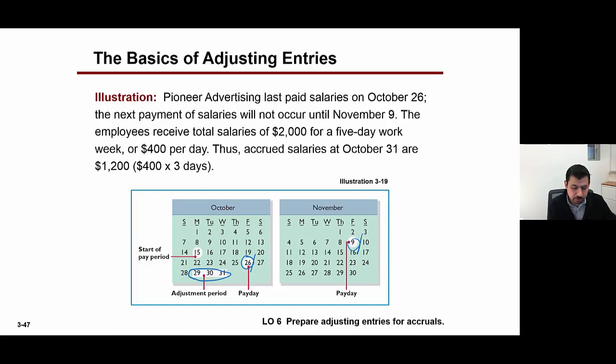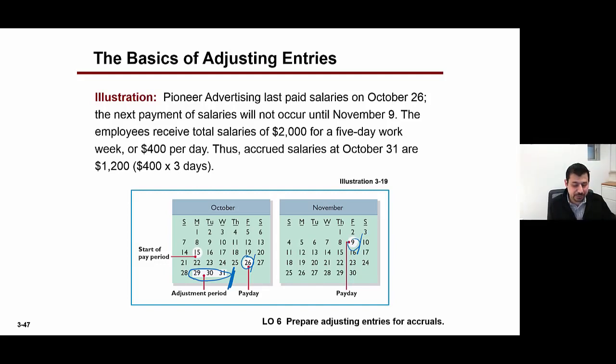Here we have 3 days. Although the company will not pay them now, by the end of this day the company owes its employees 3 days. So even if the employees quit, the company still owes them this.